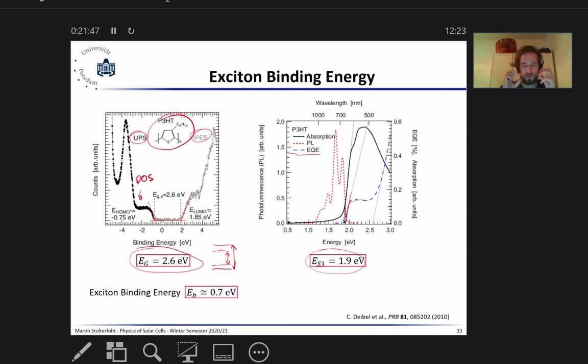When you excite the P3HT, you also need to overcome the exciton binding energy to split the exciton. The exciton binding energy in this case is 0.7 eV. So this is how strongly the exciton is bound together because of the low dielectric constant. So there's always a problem to split excitons in organics.